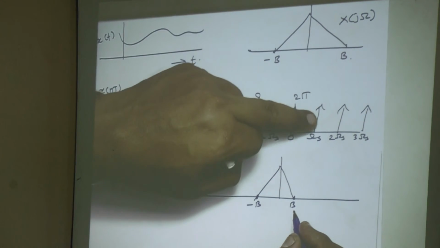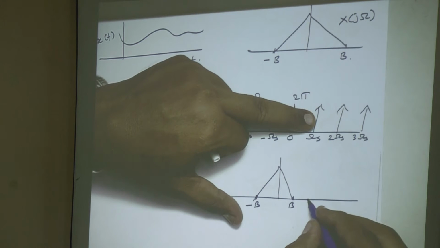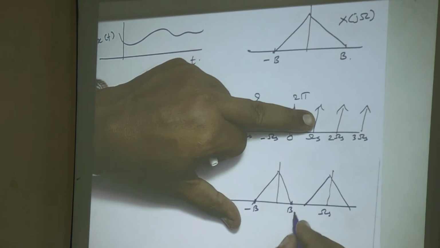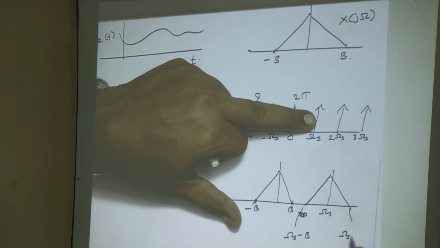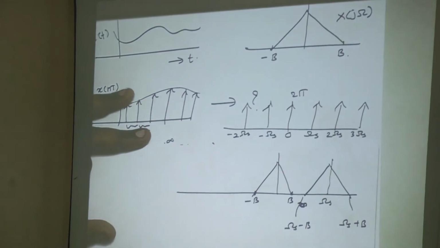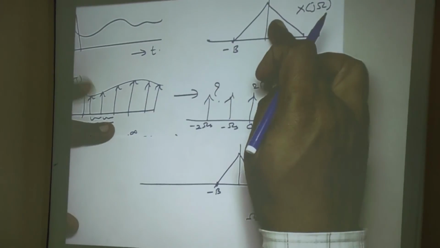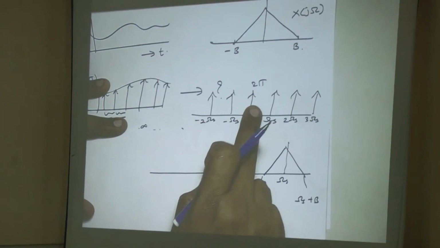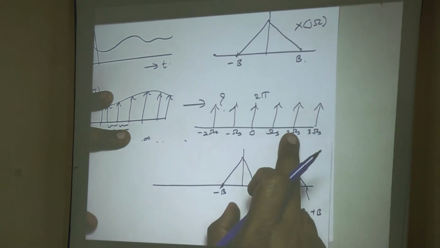This convolved with the second impulse will give me another image around omega s. This value is omega s minus b, this value is omega s plus b. The convolution of this with an impulse is that function present around 0, around omega s, around 2 omega s, and so on.